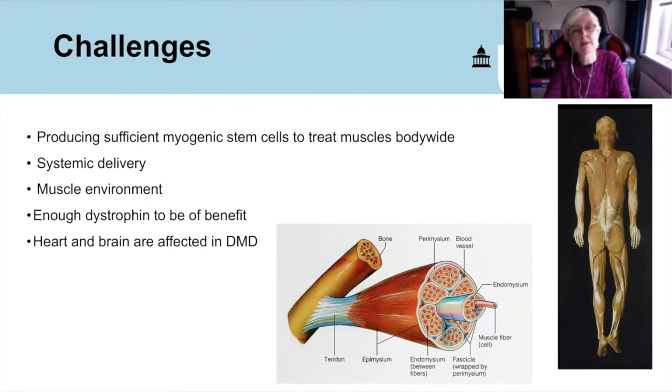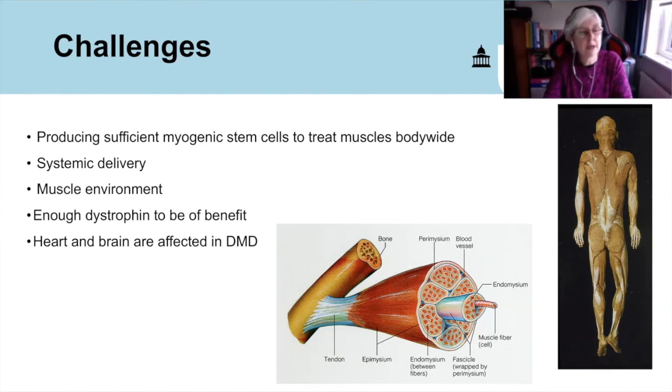Getting enough cells to treat all of the muscles body-wide is a huge challenge. Being able to deliver them systemically via the blood system and have them make enough muscle in downstream muscles is a challenge. The host muscle environment might also affect the muscle stem cell function.